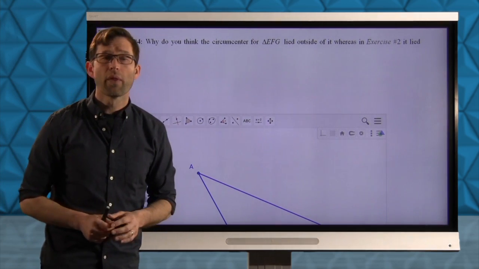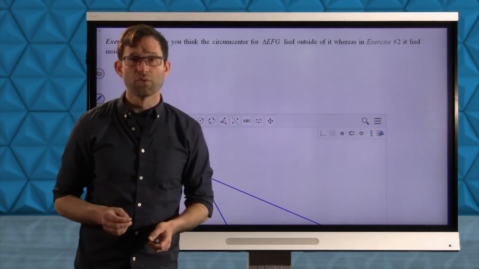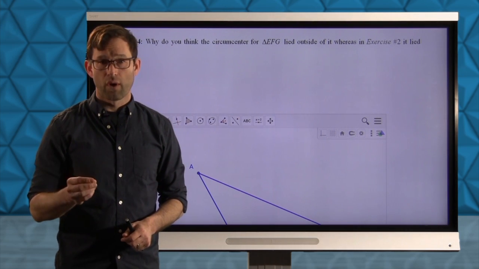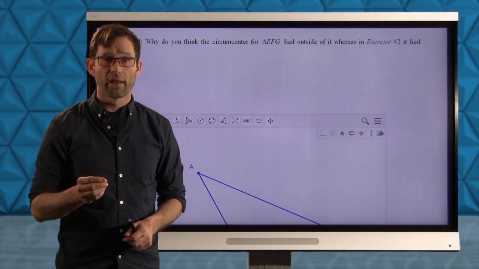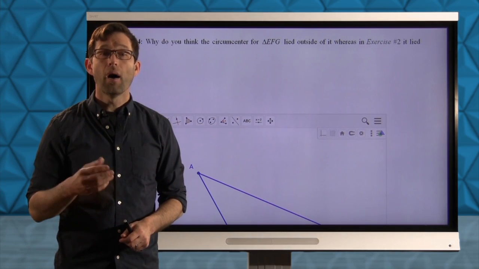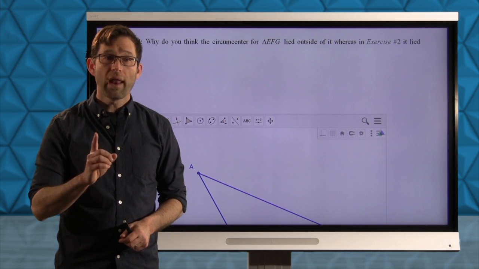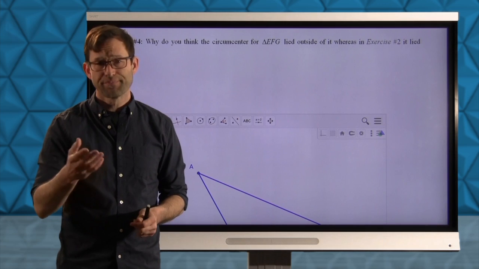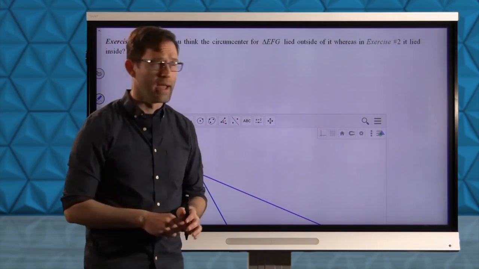Well, it has to do with whether or not the triangle is acute or obtuse. Little reminder from middle school. A triangle is an acute triangle if it has all acute angles, angles that are less than 90 degrees. A triangle is an obtuse triangle if one angle of it is greater than 90 degrees, and of course then you have right triangles which have a single 90-degree angle.